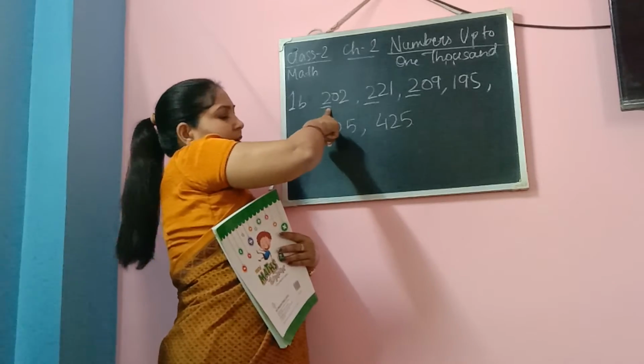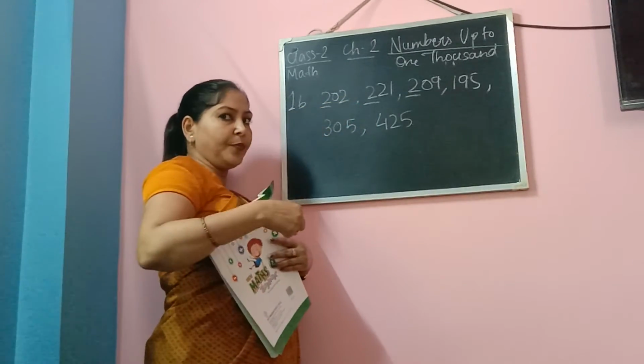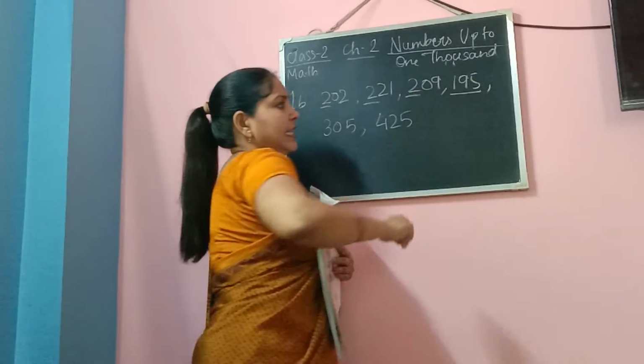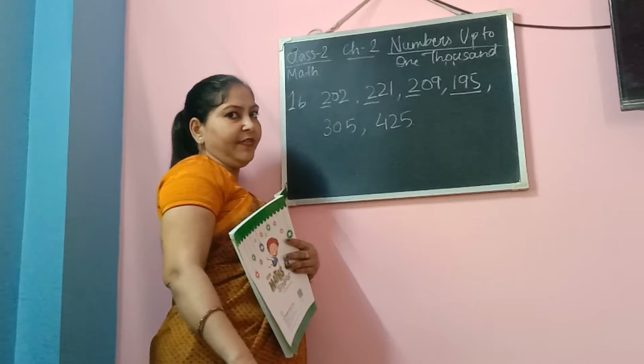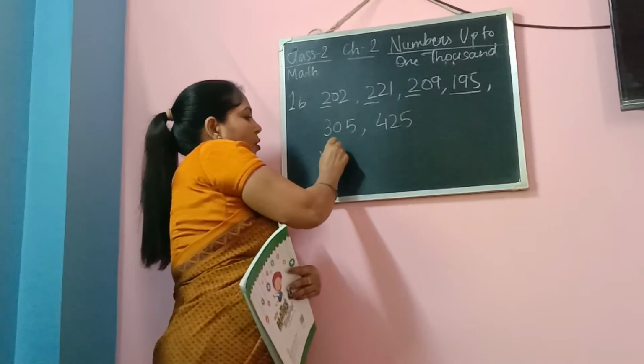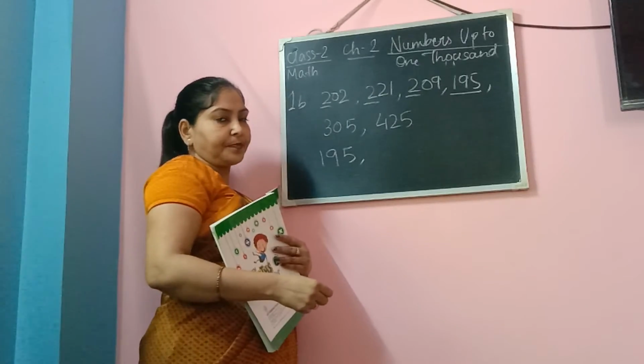Now 2 is bigger. Is there any number which is smaller than 2? Yes, we have one number which is smaller than 2. That is 195. 1 is smaller than 2. So we will first write 195 because this is the smallest number.